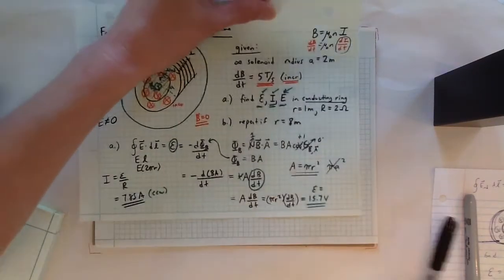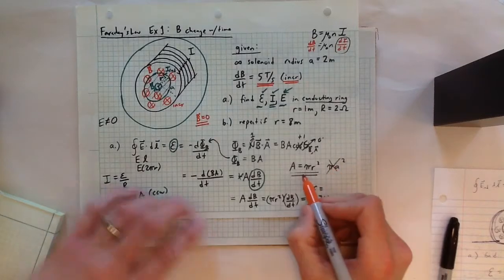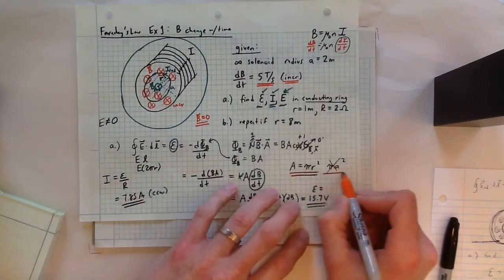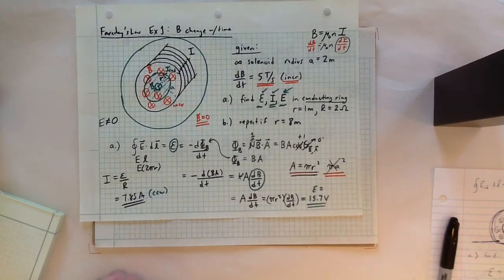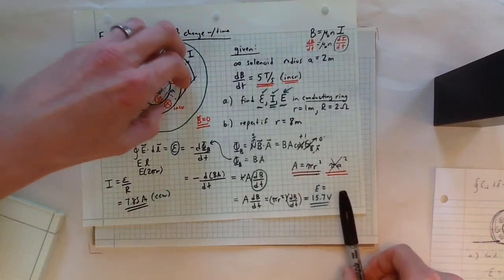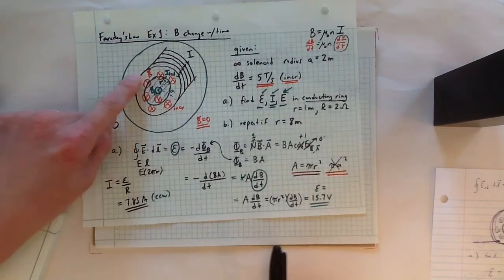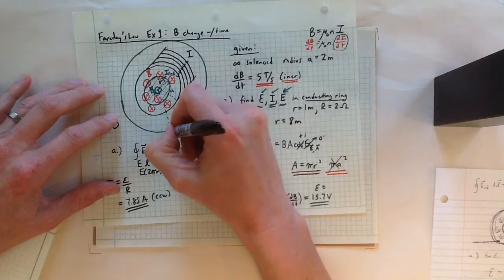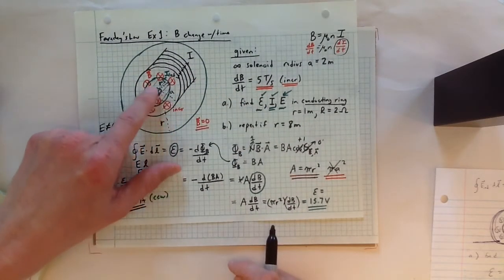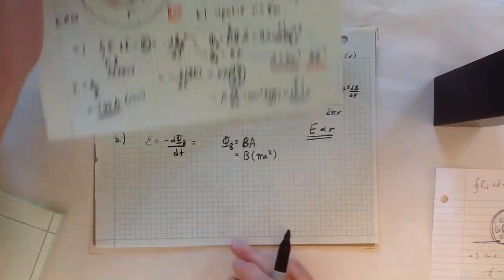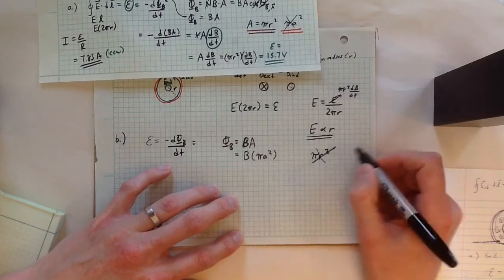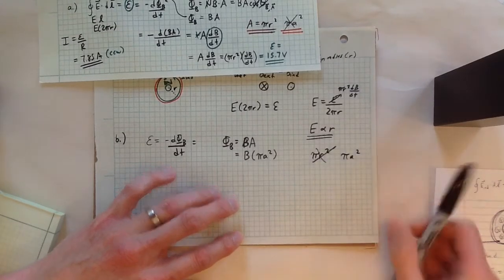So rather than the conducting loop size itself limiting how much flux we can catch, now we are capped at the maximum that the solenoid can offer, which is just up to a. So even though now the conducting ring goes out to r, we stop catching flux once we hit a. So instead of using pi r squared, we use pi a squared.